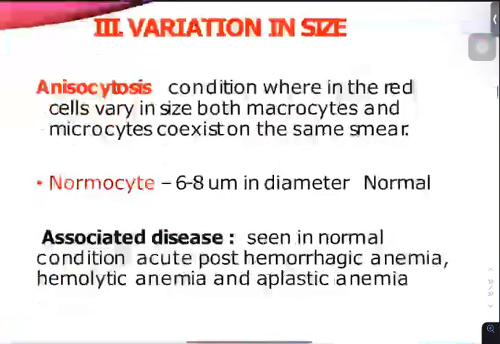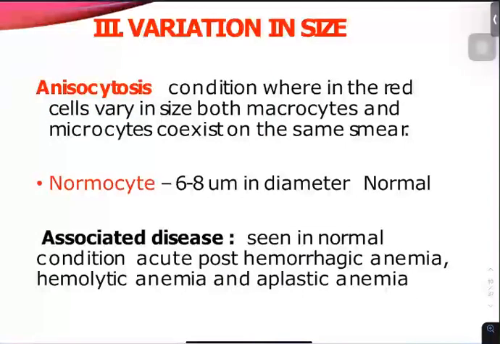Next, you have the variation in size. After we have the variation in color, next we'll have your variation in size. As I said in the last lecture, anisocytosis is the variation of cell size. You will note this as your macrocyte and microcyte, macro and micro.